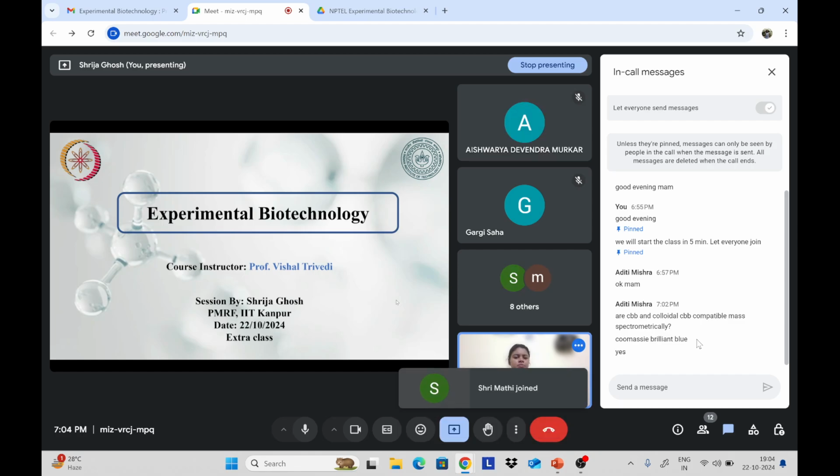You have the stained band, you can excise it, and then destain that cut gel part. It would be a transparent gel piece, and then you can homogenize it and inject it into the mass spec.